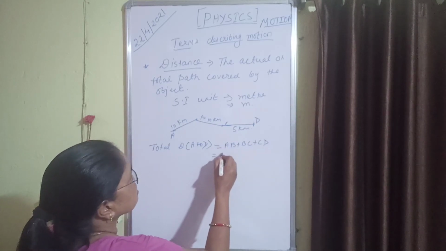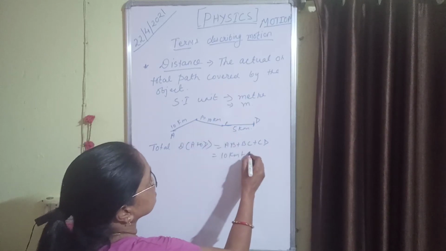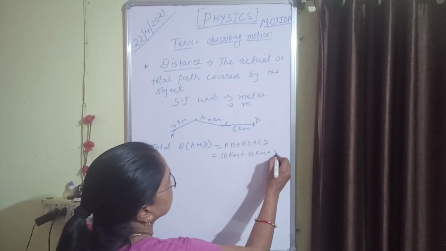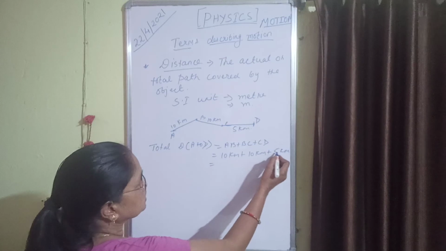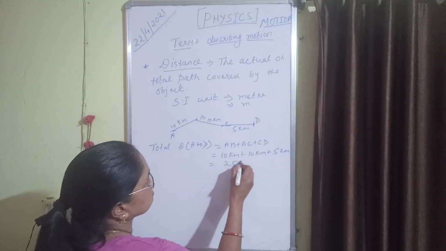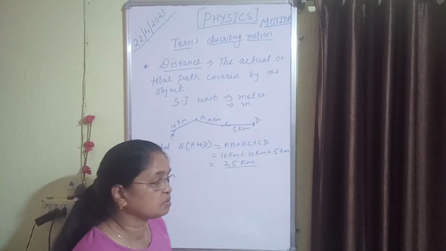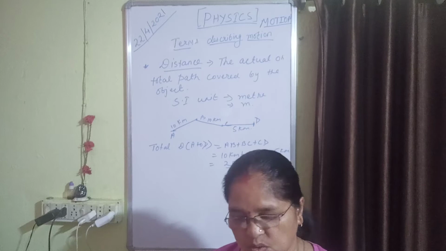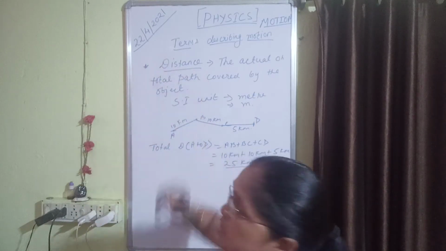So AB is 10 kilometer plus BC is 10 kilometer plus CD is 5 kilometer. So you have got 10 plus 10, 20, 25 kilometer. So total distance covered by the body is 25 kilometer. Like this we can calculate many numericals. So first that term we have got distance.